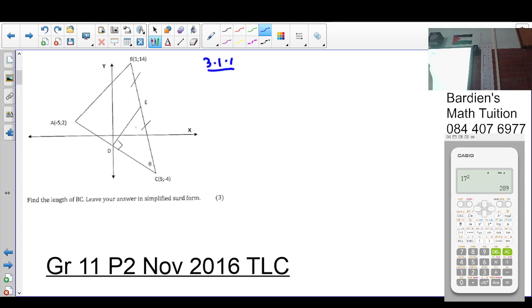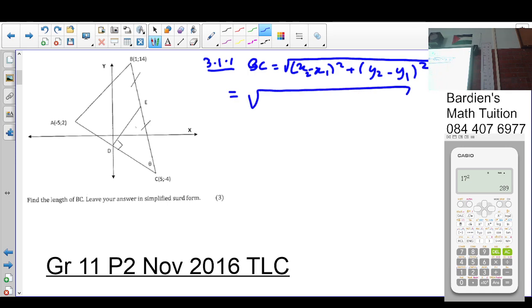The length of BC, I'm going to use the distance formula, of course. It's going to be the square root of x2 minus x1 squared plus y2 minus y1 squared. So BC, B as we said is 1 and 14 and C is 5 and negative 4.